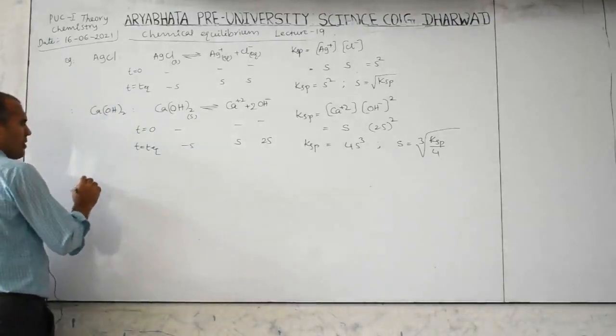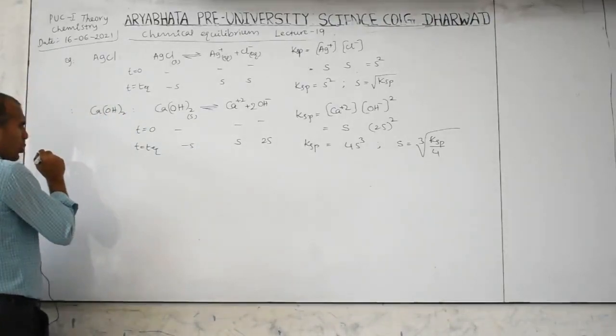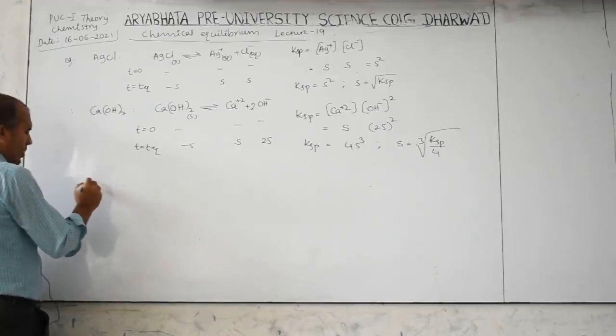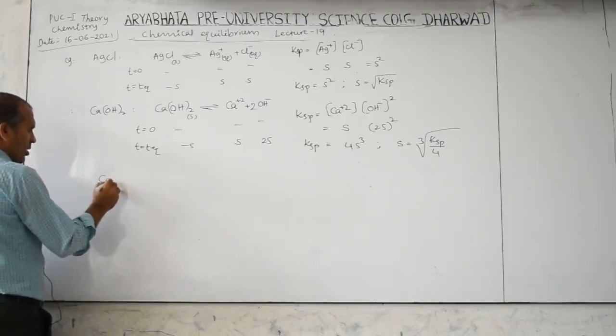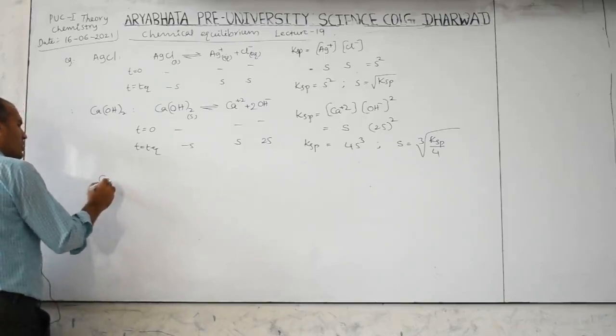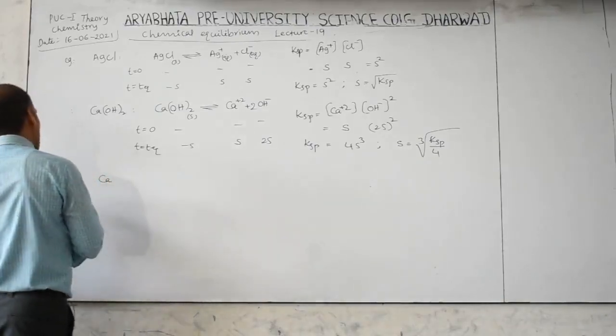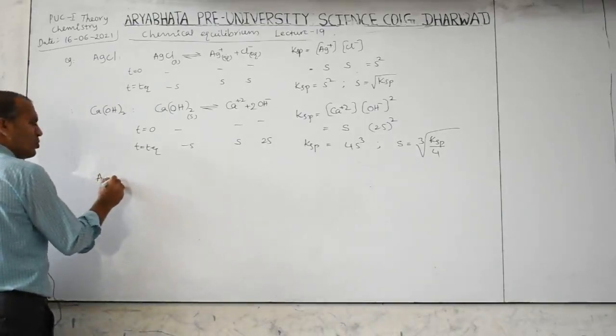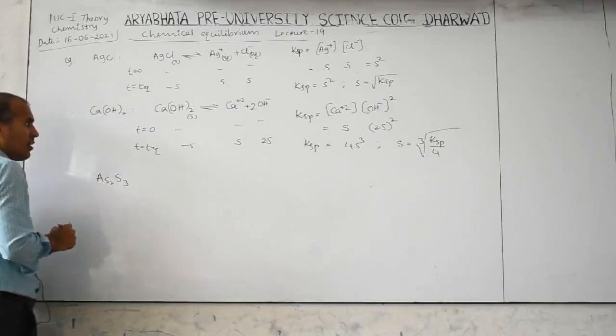Next, one more example. Calcium phosphate, how to write this? Otherwise arsenic sulfide can also be written, no problem. Sulfides are generally precipitates. As2S3, arsenic sulfide.